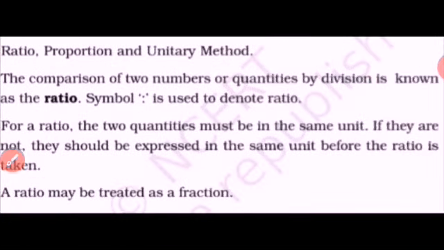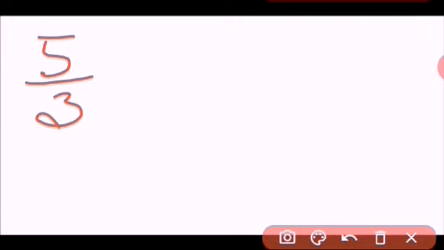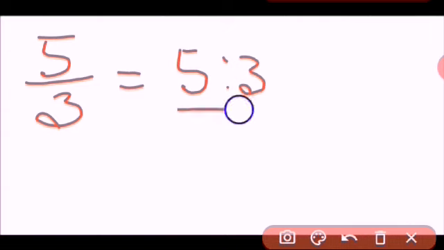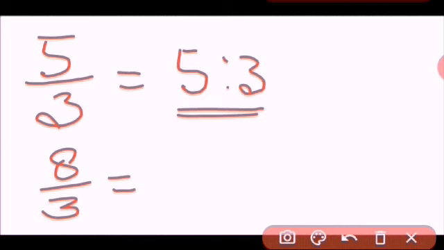So next, let me give two more examples. That is 5 by 3. You are having a fraction of 5 by 3, which means 5:3. 8 by 3 can be written as 8:3, like that.